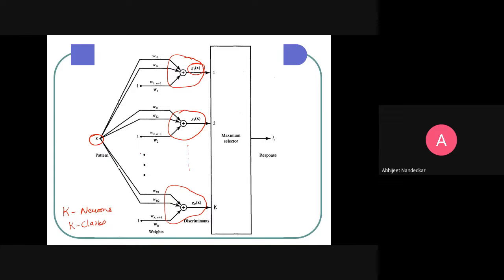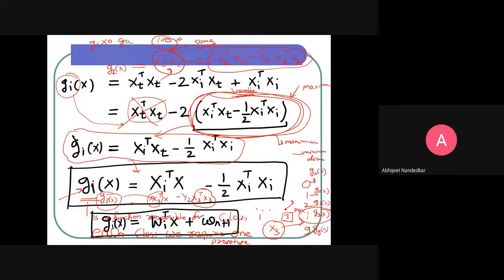Now if you see neuron number 1, this will be responsible for class 1. What will this be implementing? This should implement g1(x).